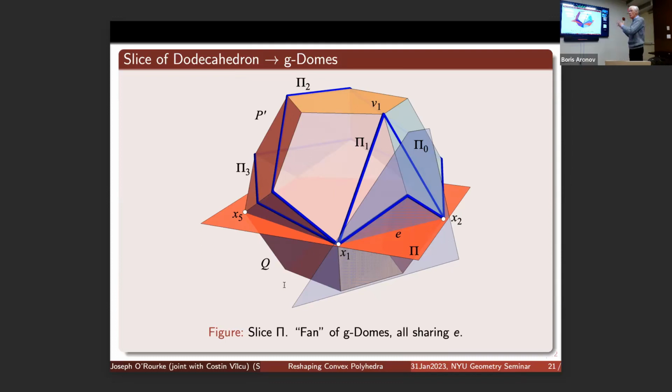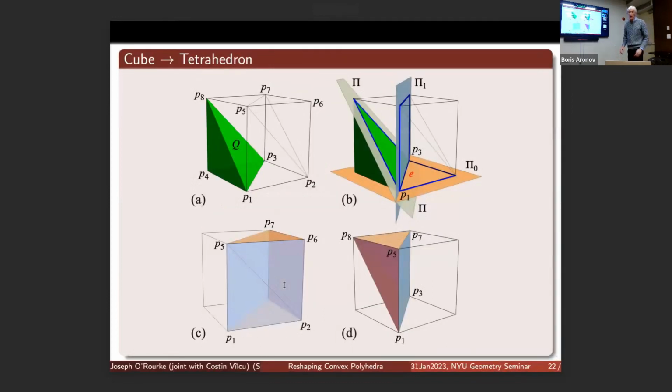This is like an abstract example. I have a real example of the cube and the tetrahedron, which maybe is clearer because it's so much simpler. So we want to imagine laying a plane right on that base of Q and rotate it around P1, P3.